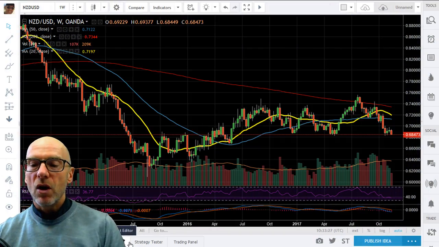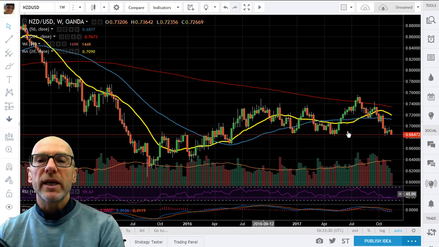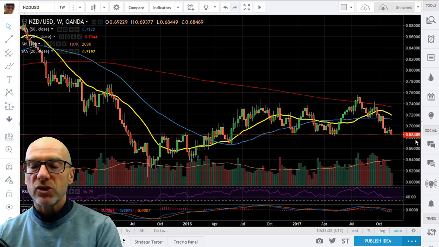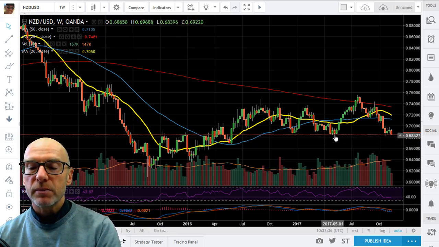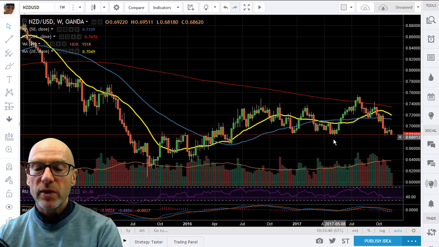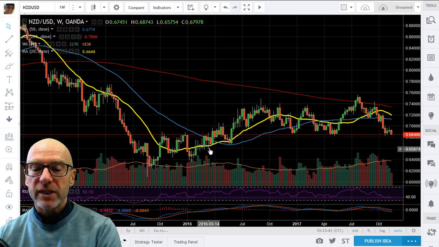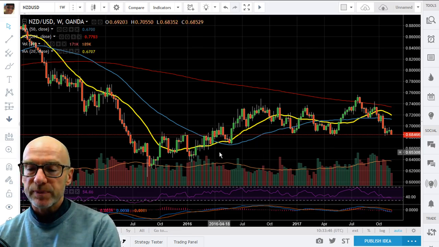So here we are on the weekly, so each candle represents 1 week's trade, and you can see straight away that the New Zealand dollar's back towards support levels, and that below there's a bit of a gap before the next supports, which are seen just below 66.